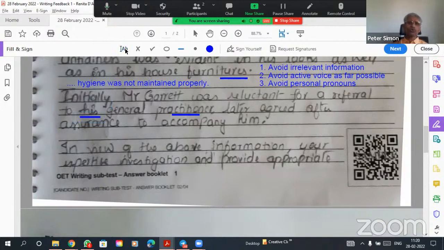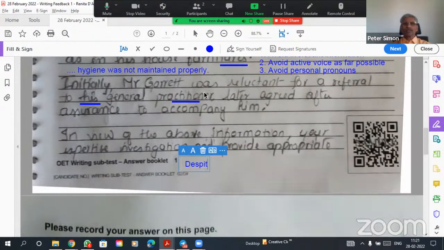Why don't you use though, although? Though initially he was reluctant, or in spite of reluctance in the initial stage, or in spite of, or despite initial reluctance, comma, despite initial reluctance, comma.